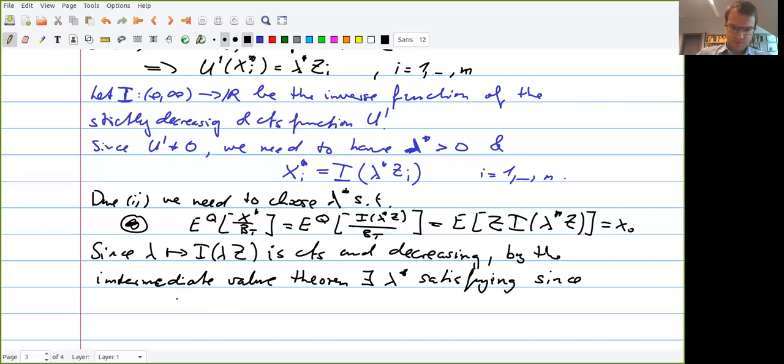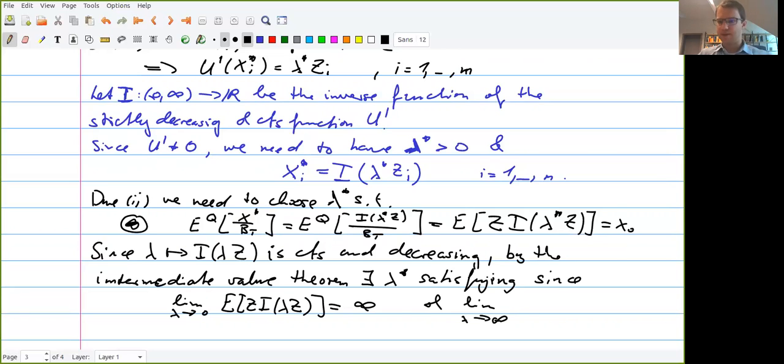If you look at the limit lambda going to 0, by the initial conditions this goes up to plus infinity, and lambda going to infinity gives you that this goes down to minus infinity.